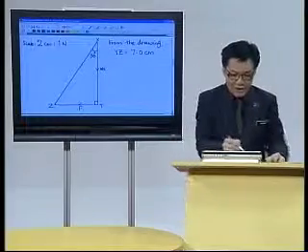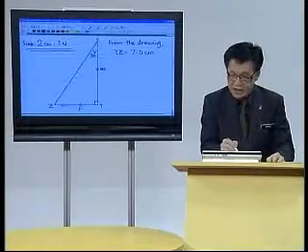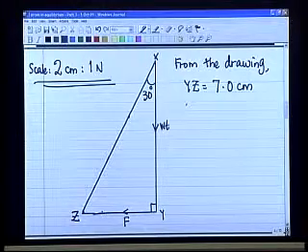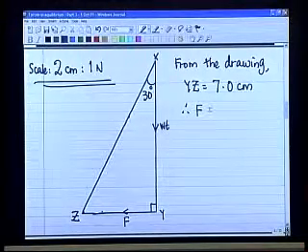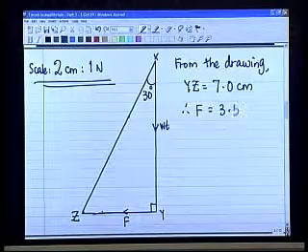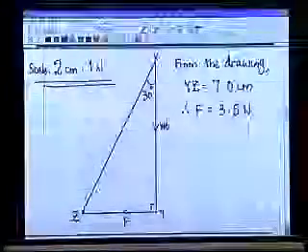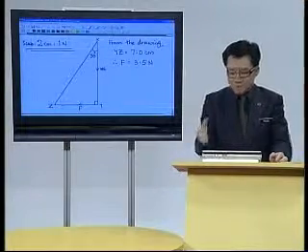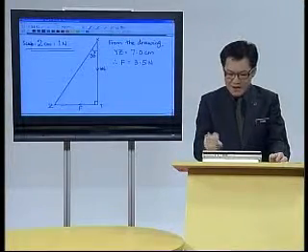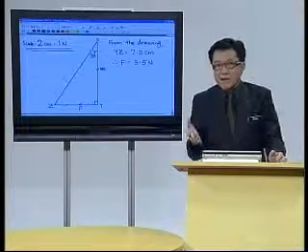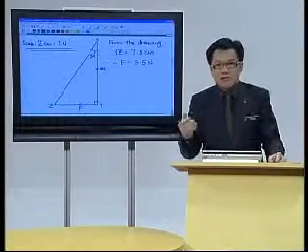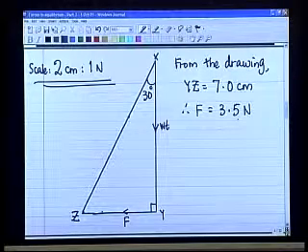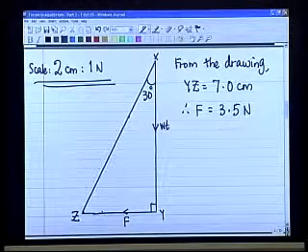And if I refer to the scale that I have chosen, you will notice that force F is equal to 3.5 newtons. If you had followed my program for part 2, you will realize that the calculated value of force F is 3.46 newtons. So F equals 3.5 newtons is a very good result here.